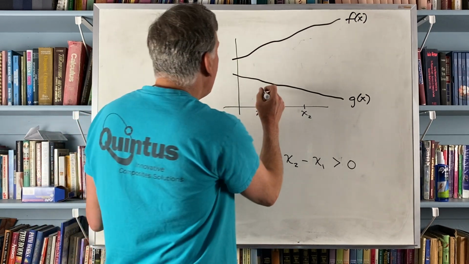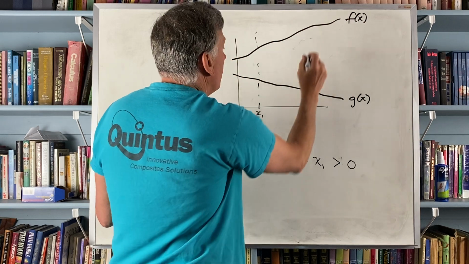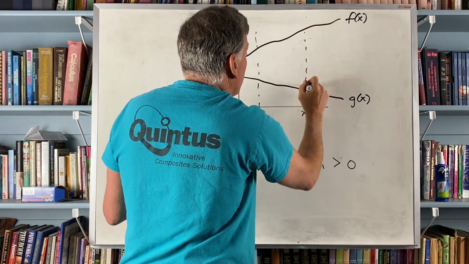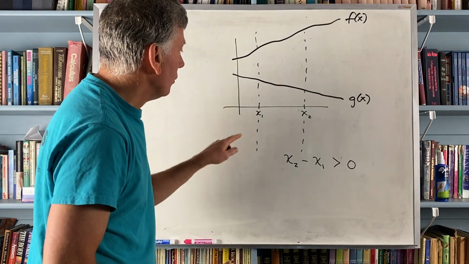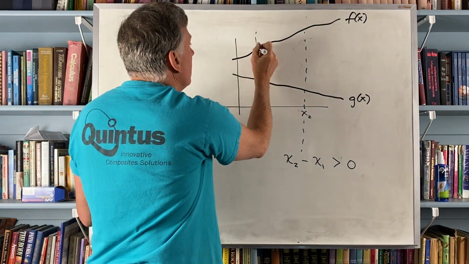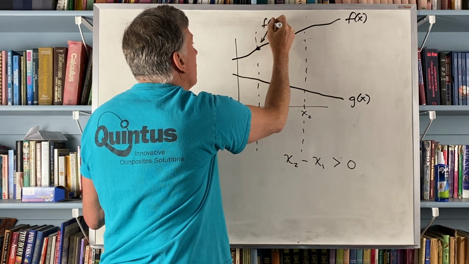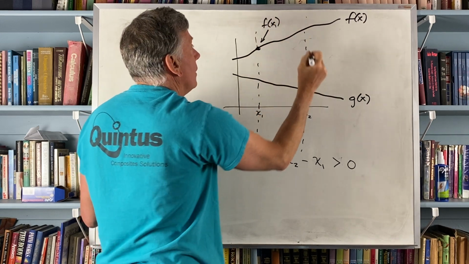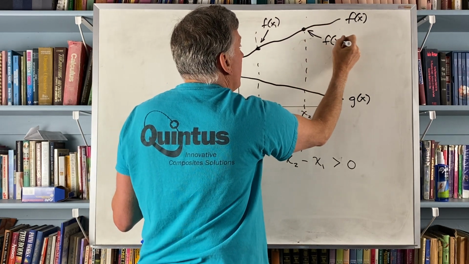Now let's look at what happens when I look at my various functional values for those two. Here is f of x sub 1. Here is f of x sub 2.